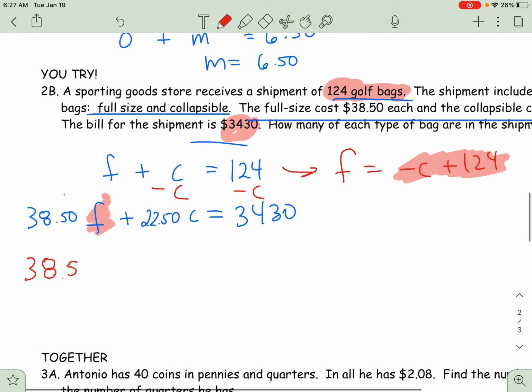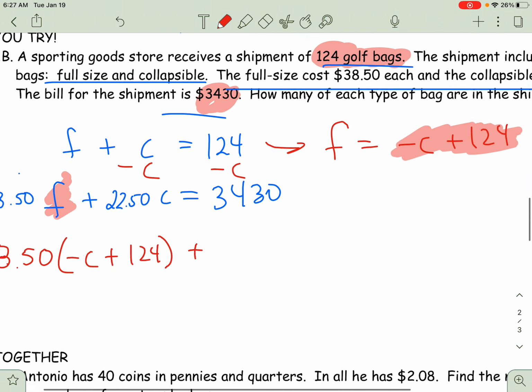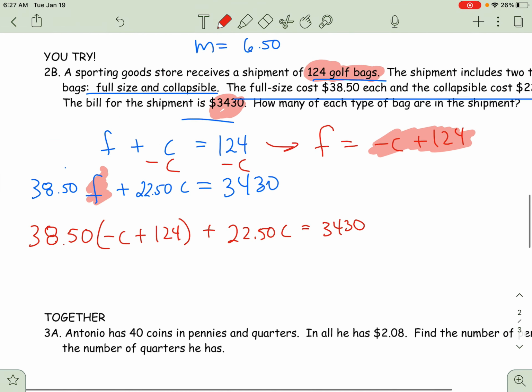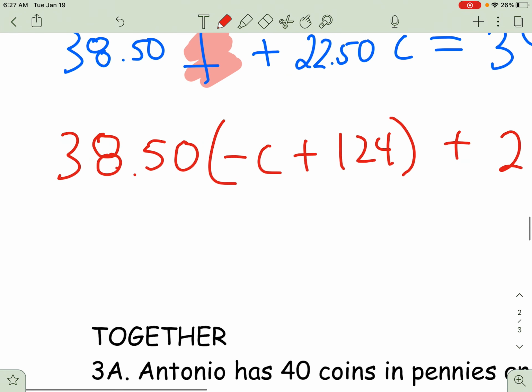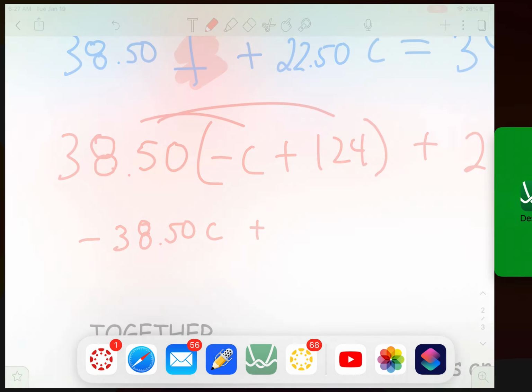So 3850 times negative c plus 124 plus the 2250c equals 3,430. Okay, so now it's just a problem where you got to go through and solve it. So I have to distribute, whatever that is.